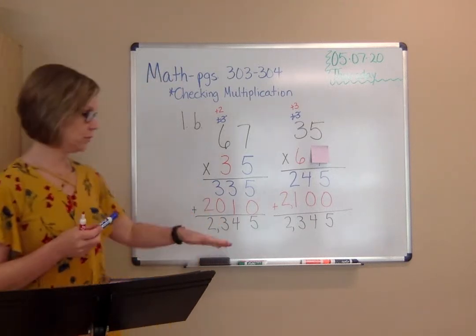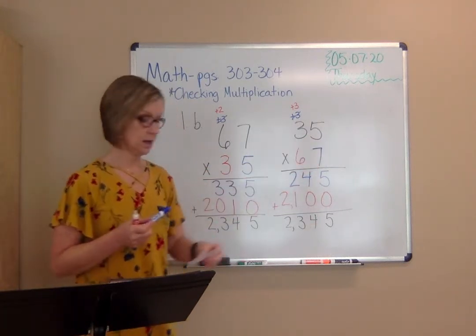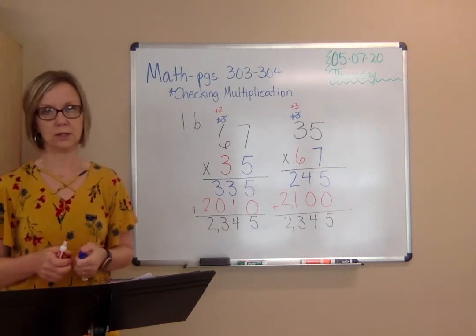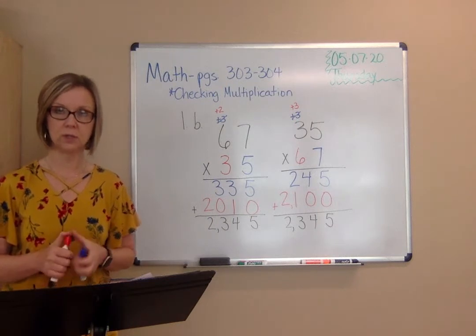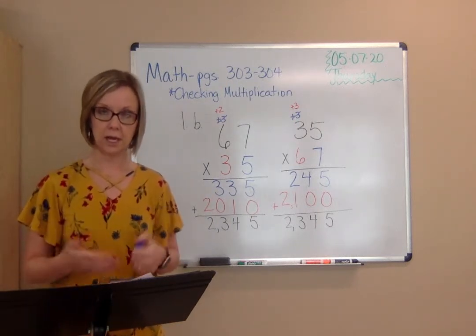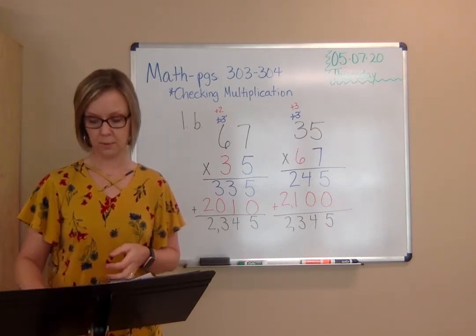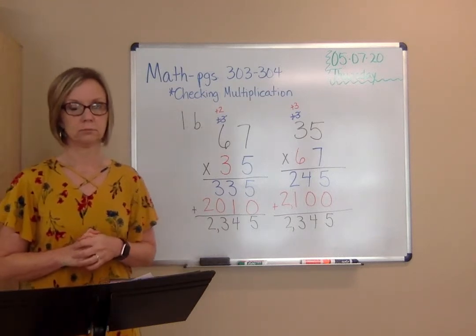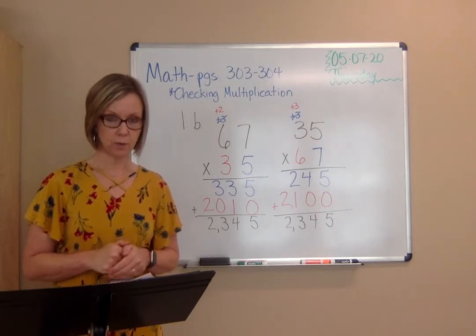Now if you do the check and you don't have the same product, don't get discouraged and just calmly go back through, grab your tables, calmly go back through your multiplication, your carrying, your addition, and just see what happened. Okay? But don't make them equal. So I'll let you do 1C on your own.